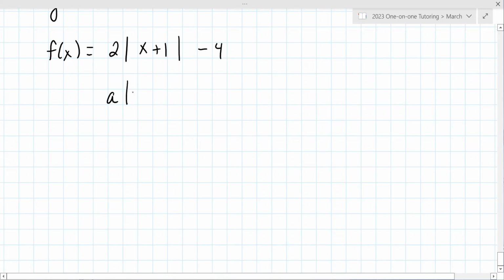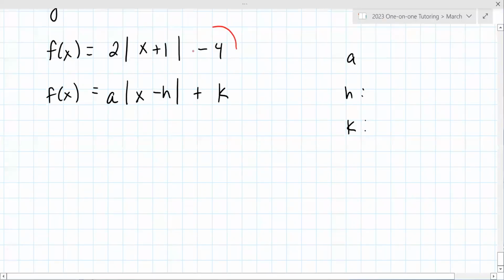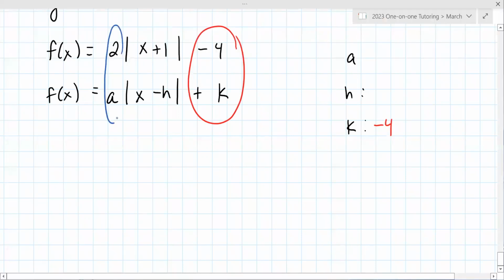f of x equals a absolute value of x minus h plus k. This is the standard form. You don't necessarily need to know this, you just need to know what a, h, and k are. k is the easiest one: k is whatever number is outside the absolute value. a is also in that same place, but sometimes a is not written, which means it's 1.